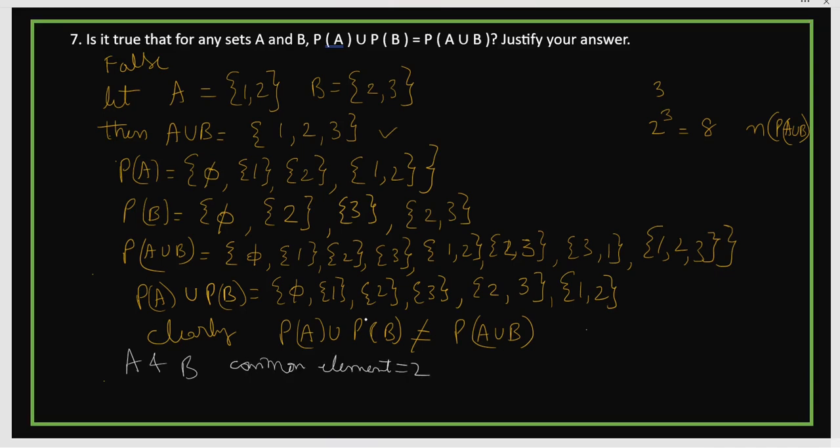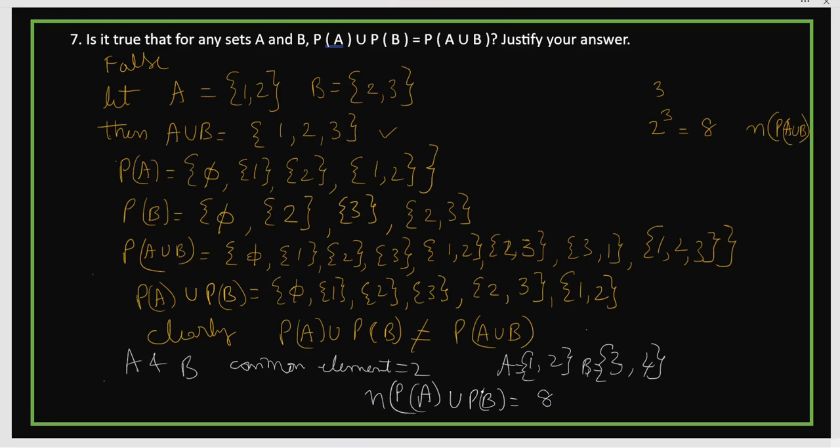If suppose you take A equals {1, 2} and B equals {3, 4}, then you will have different sets. You can check yourself. I'm leaving it as an assignment for you. PA union PB will be 8 elements.